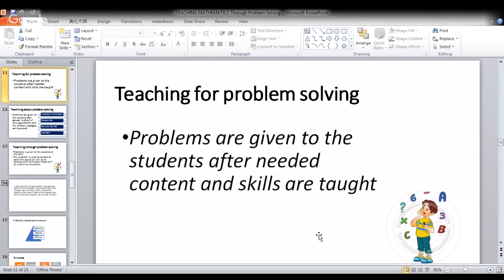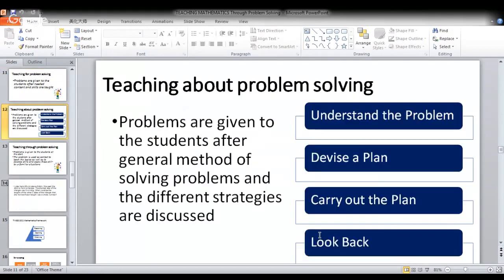If you want students to learn about measurement, we first teach how to convert measures, and then how to add measures, and then we do problem solving, right?